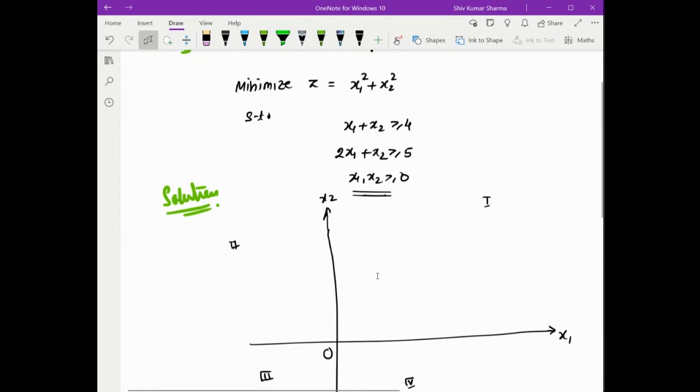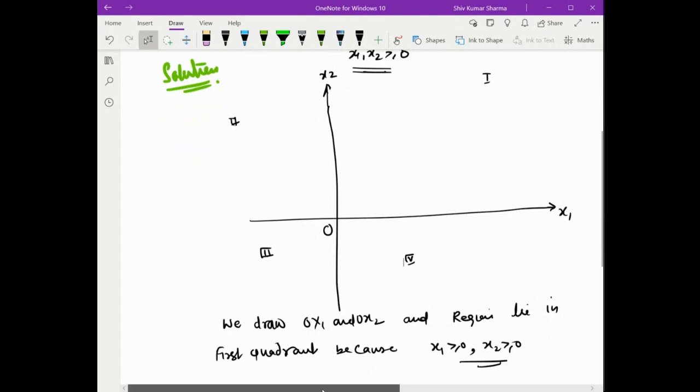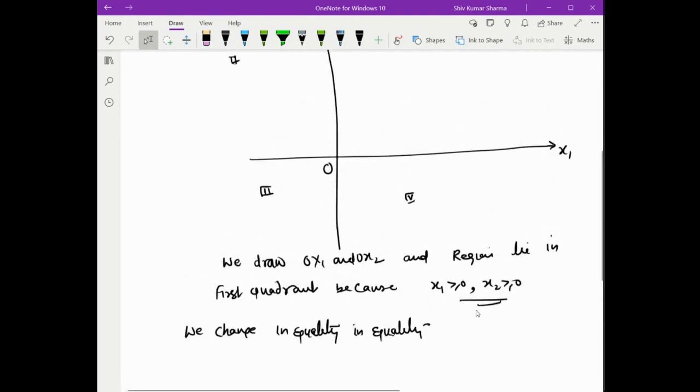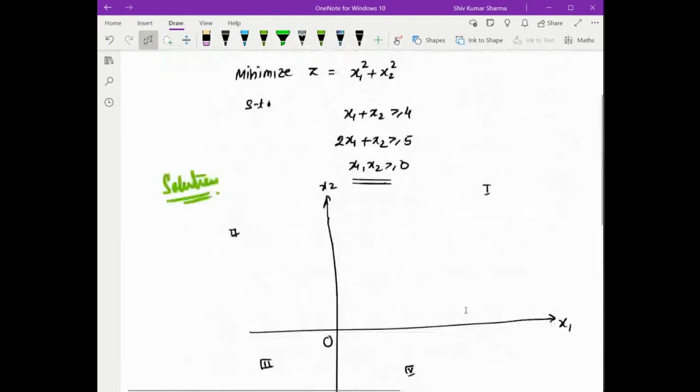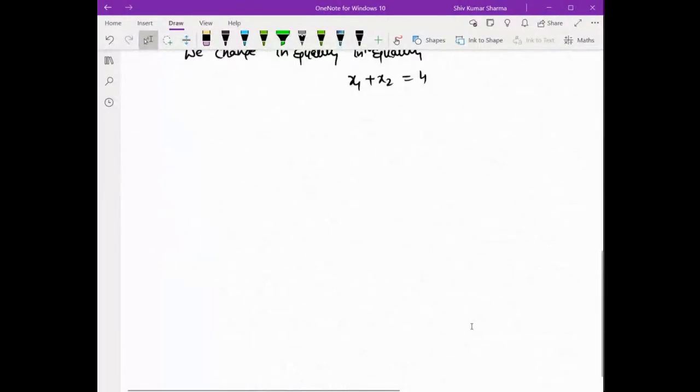Now we have two inequalities, x1 plus x2 greater than or equal to 4, and 2x1 plus x2 greater than or equal to 5. We follow the same steps: we convert the inequalities into equalities. So we get x1 plus x2 equal to 4, and the second gives us 2x1 plus x2 equal to 5.